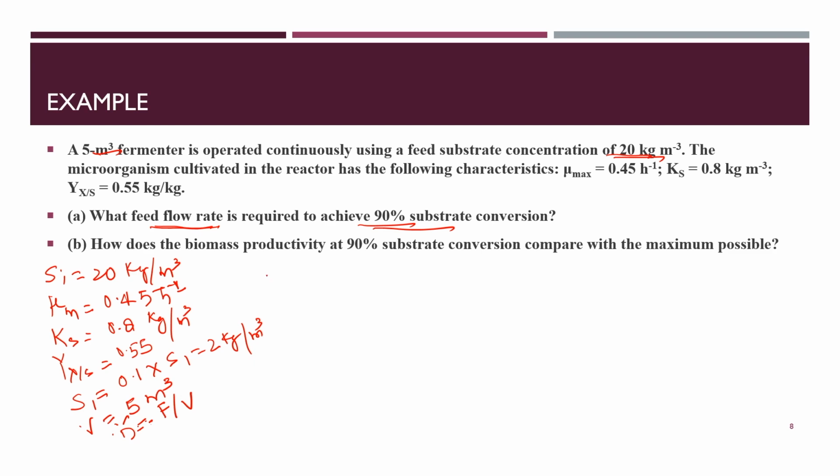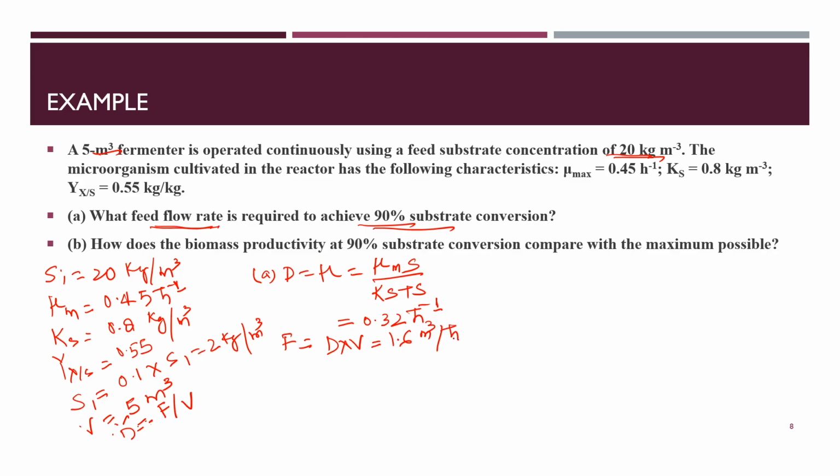For part A we are going to calculate the value of D. D will be equal to mu max S upon Ks plus S, and its value comes out to be 0.32 hour inverse. Once D is known, flow rate equals D into V, and that equals 1.6 meter cube per hour.